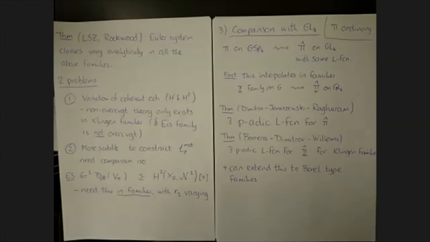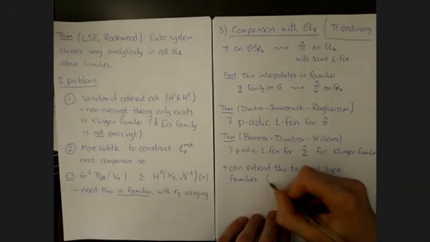And this can be extended to Borel type families, actually. So this is not written up, but the methods are there in a paper I wrote recently about spherical varieties and norm relations. And in fact, it works in general.